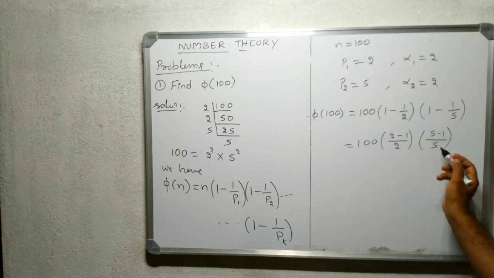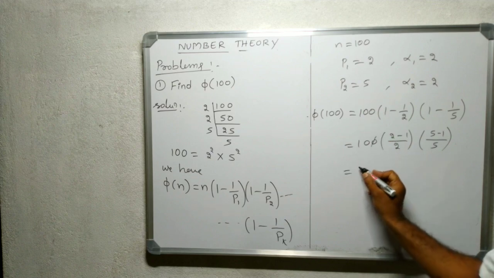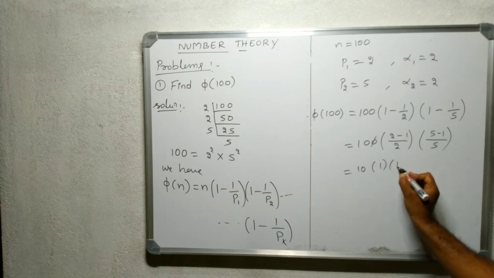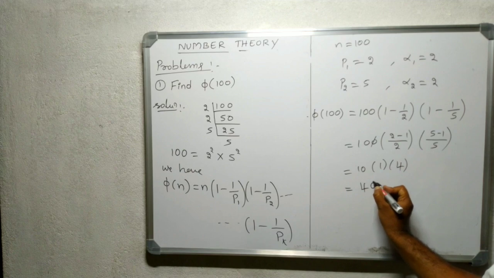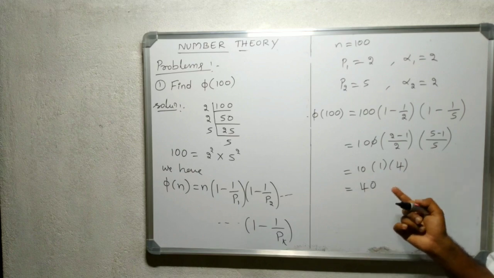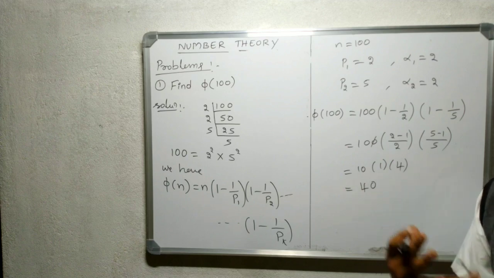So 2 5s are 10, cancel. Next 10 into 1 into 4, that is 40. So the number of positive integer, they are prime to 100 and less than 100 are 40. 40 numbers 100 ಗಿಂತ ಚಿಕ್ಕದಾಗೆ ಹಾಗೆ 100 ಗೆ ಪ್ರೈಮ್ ಆಗಿ ಇರುತ್ತೆ.